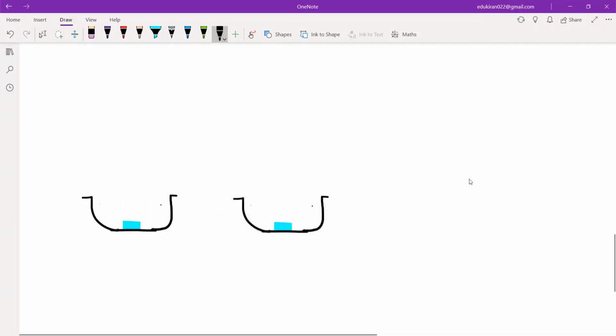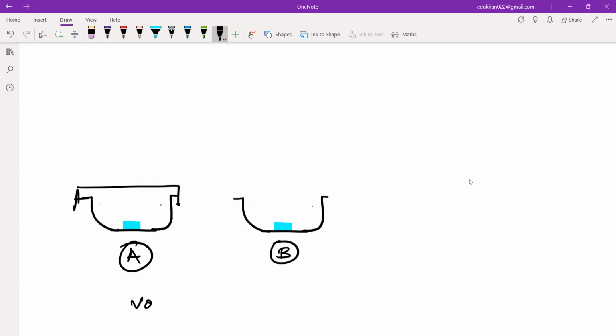Then you have an open vessel and a closed vessel. Now you guys tell me, in which of these vessels will the evaporation be faster, the closed vessel or the open vessel? A or B? Where will the vaporization be faster?